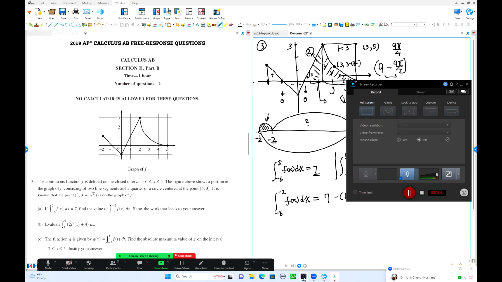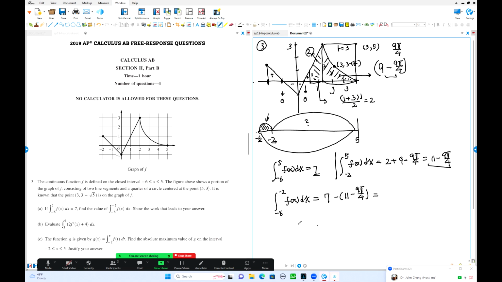So 7 minus 11 is negative 4, plus 9 pi over 4. 9 pi is almost greater than 9, so maybe you can switch this one. 9 pi over 4 minus 4 is better looking.